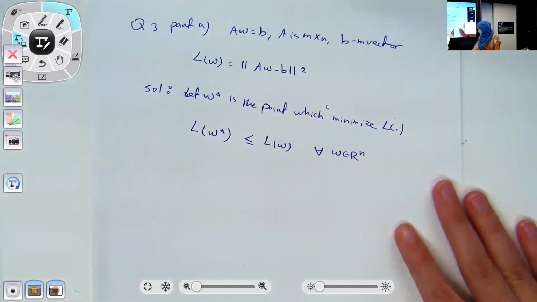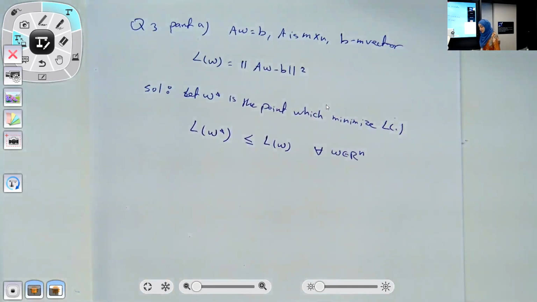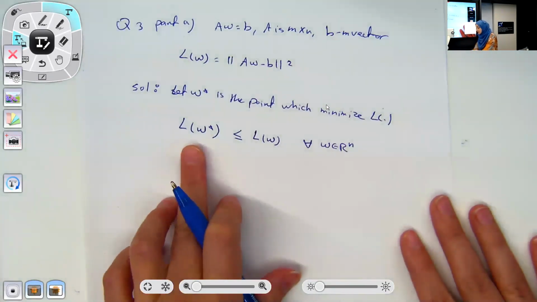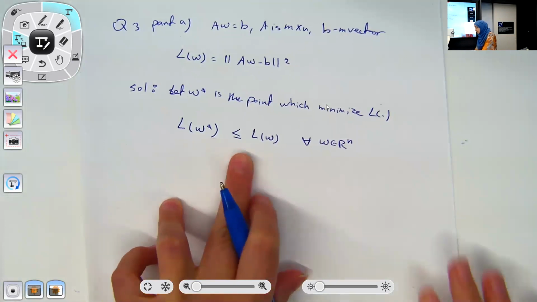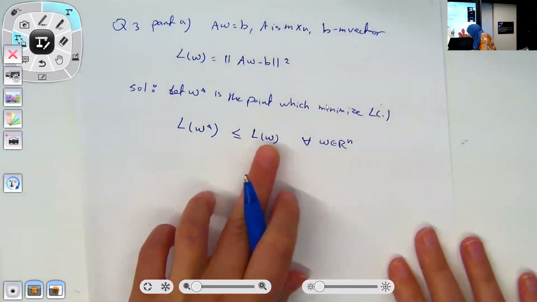This is the first step, because we suppose that omega star is the minimum point. So L of this point is less than or equal to L omega.